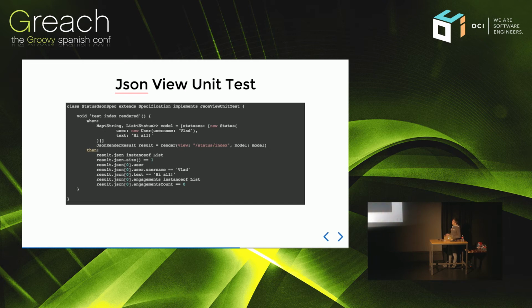You send your model, and now I've seen so many times tests like this, whether it was the old test framework or the new one, like this JSON unit test, many people just grab the JSON and start to assert the object. So okay, the list is returned, it has its size.